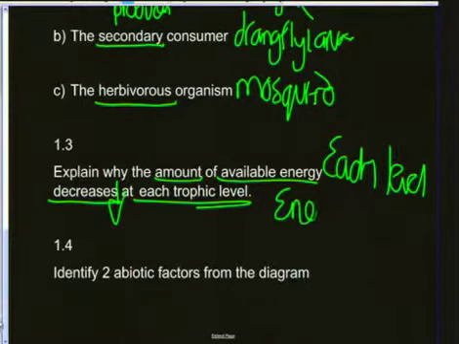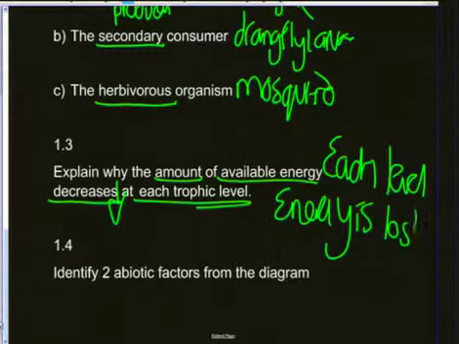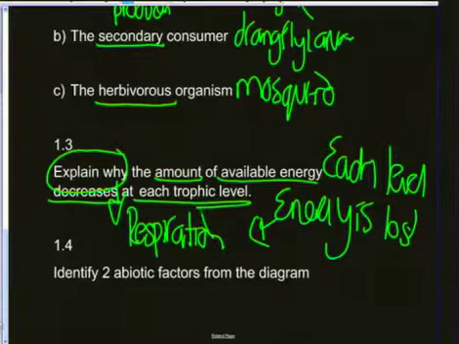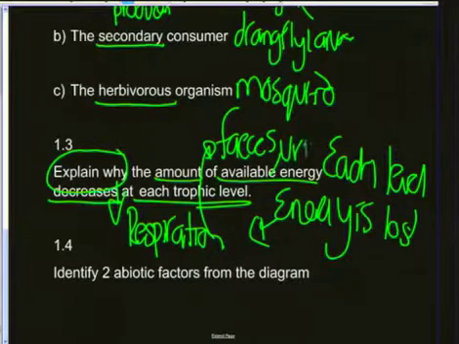Energy is lost. But it asks you to explain why. How is energy lost? Energy is lost through cellular respiration, and the other two are defecation, feces, and urine.